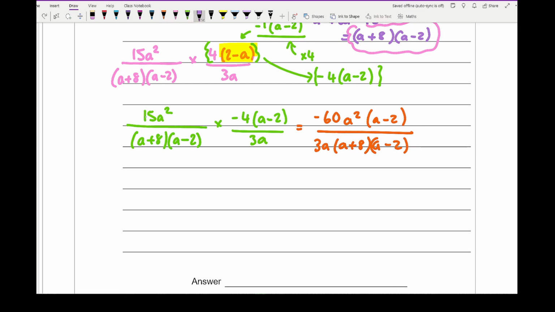Now from this, what we can then do is cancel things out. So that cancels with this. The 3 changes that to a 20, and this a cancels with that a. So what we're left with is minus 20 over a plus 8, and that there is my simplified fraction.